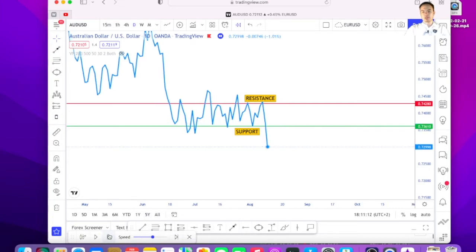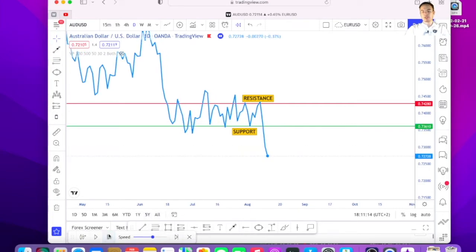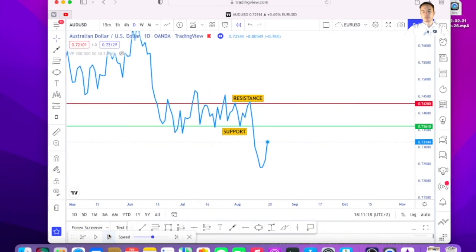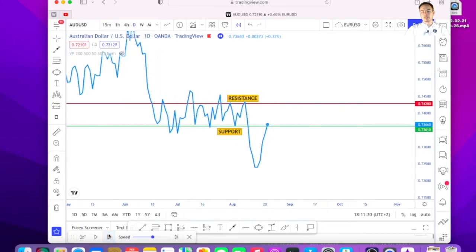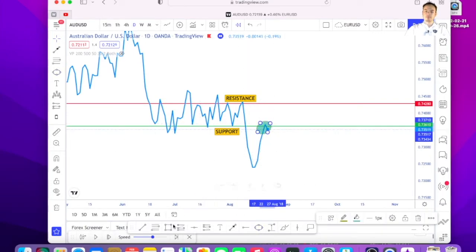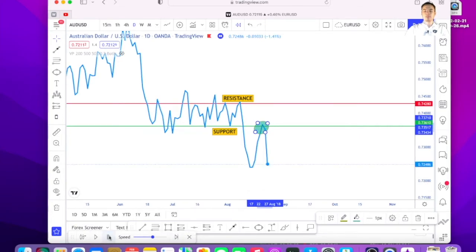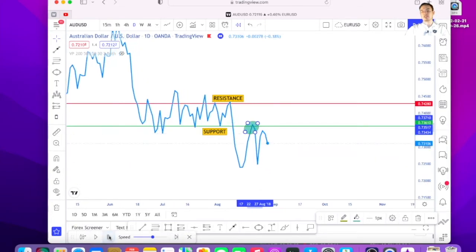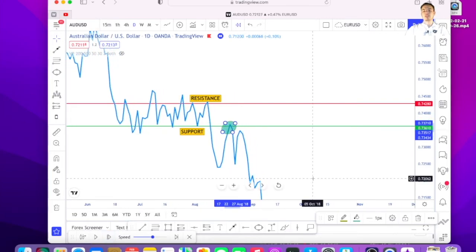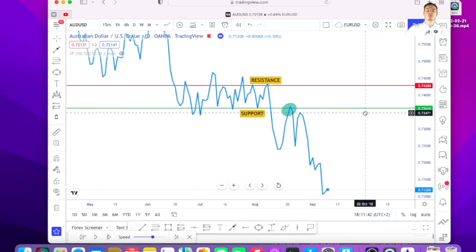So as we play on, broke below, carried on. As you can see, testing the support and resistance now. So here we would place a sell. As you can see, price eventually started going further down, and we would have profited.